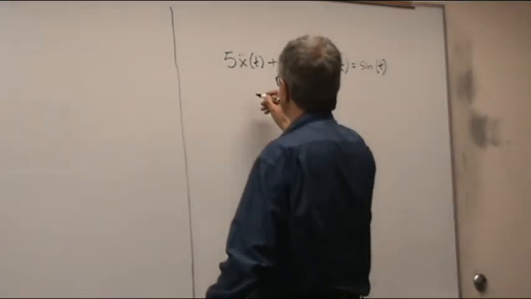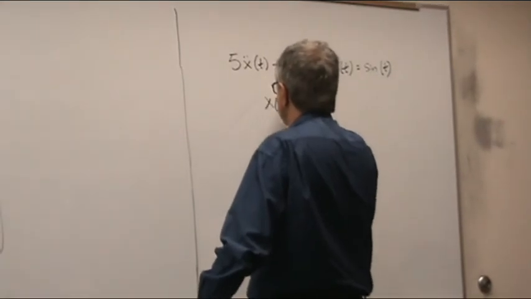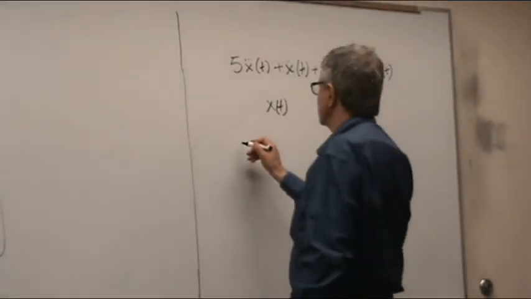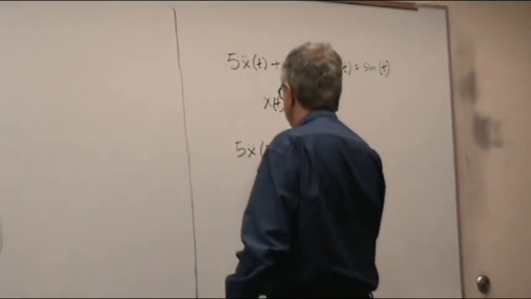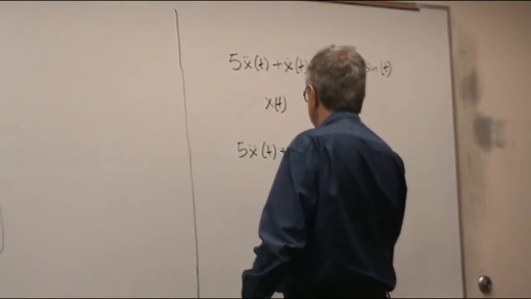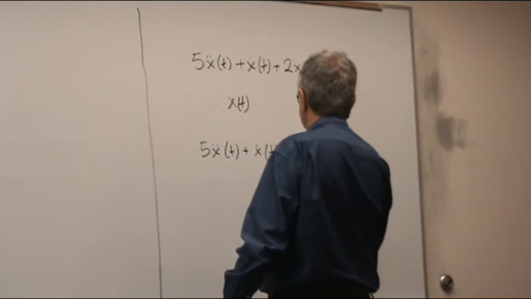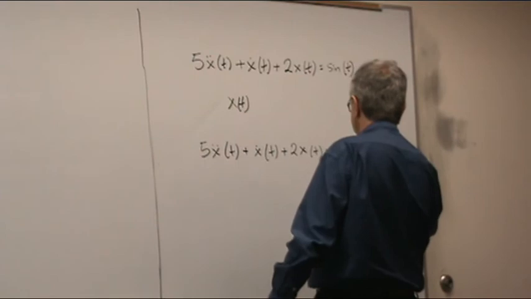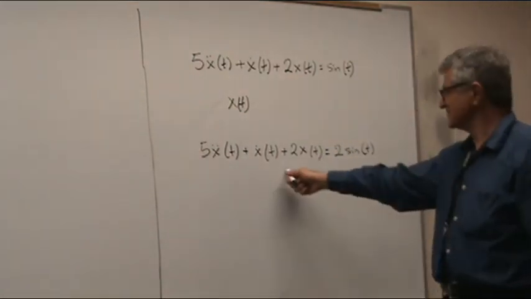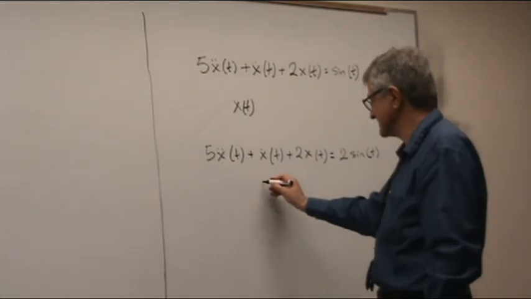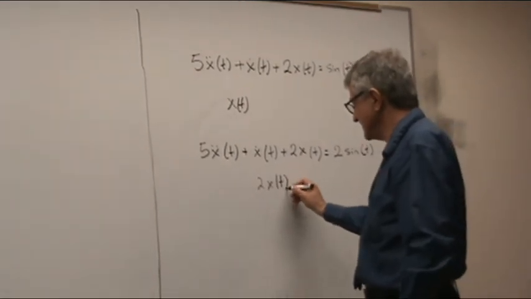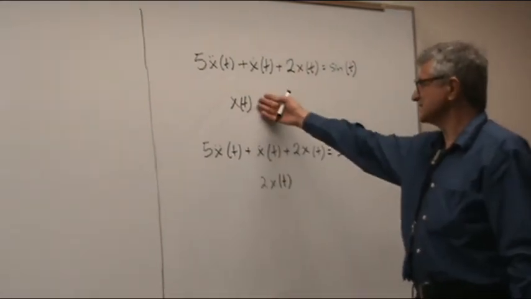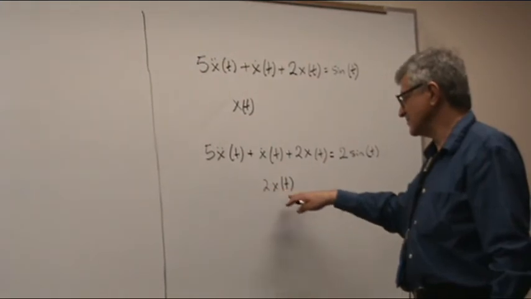So let's say that the response is x of t. You found it, okay? Then what would be the response to two times the sine? Well, you don't need to do any work, you just double this. So the response would be 2 times x of t. If you want to find the response to 3 times the force, it will be 3 times x of t.